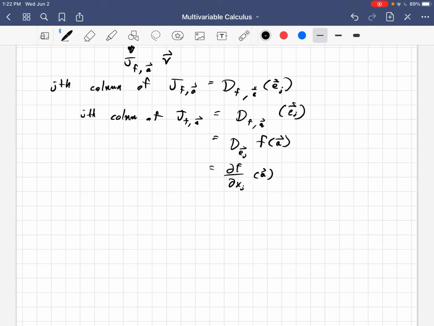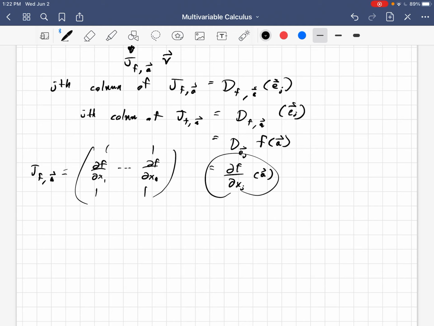This is such a tremendous result because it tells us that the Jacobian matrix has columns that are just given by the partials with respect to each input variable. So in other words, J sub f at a is literally just the partial of f with respect to x1, through the partial of f with respect to xn.